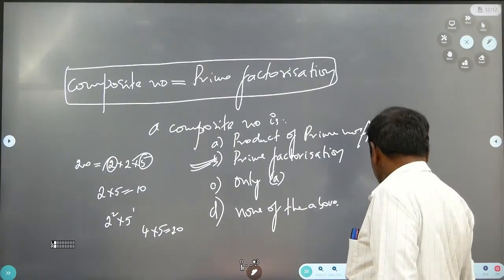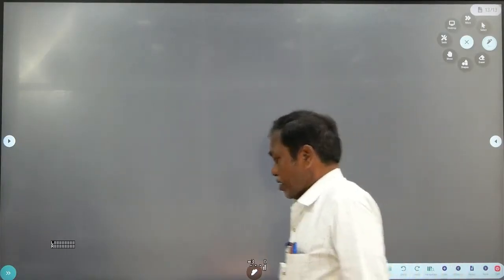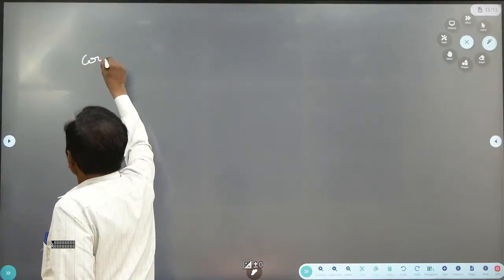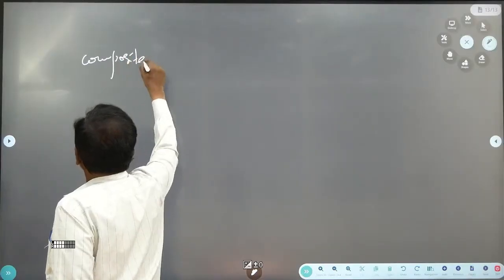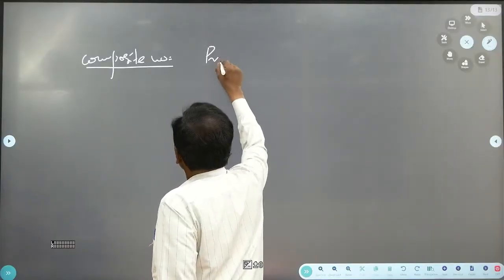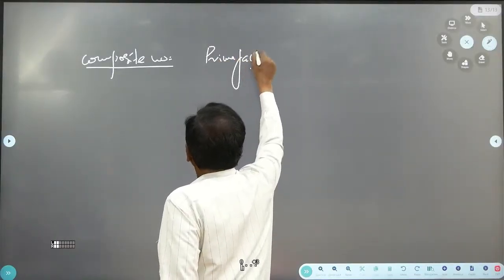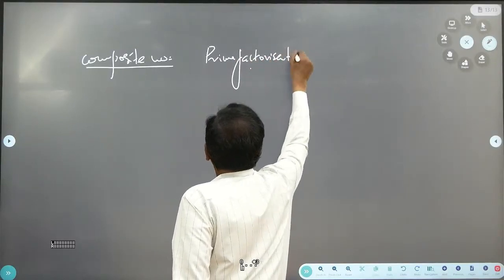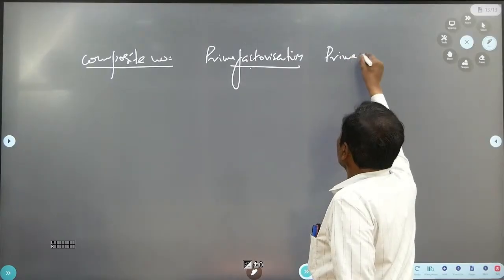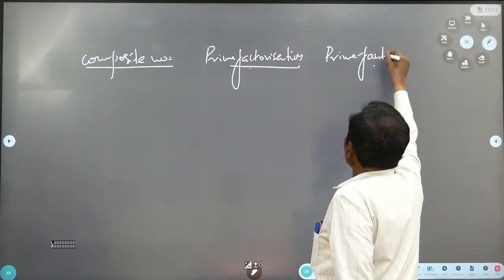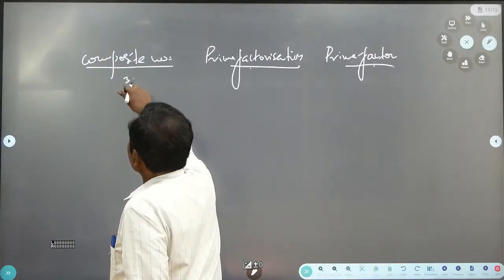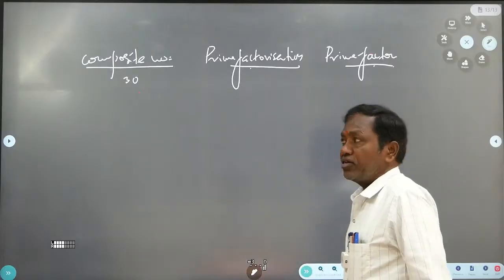Let us see some examples of it. Now, see, I will write a composite number, prime factorization, and prime factors, and write for 30 now.